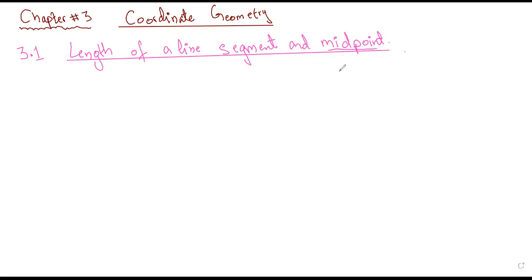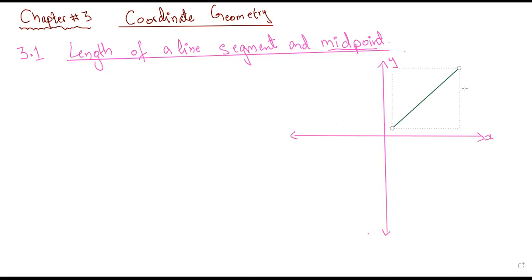For example, let's say that this is my y-axis, this is the x-axis, and we are interested in finding out the length of this line segment particularly. Why line segment? Because this line has a fixed length.